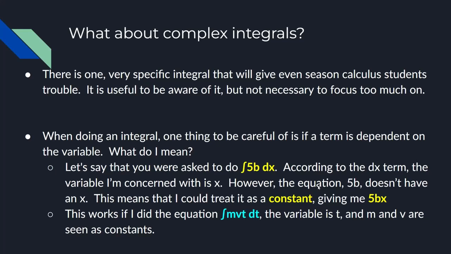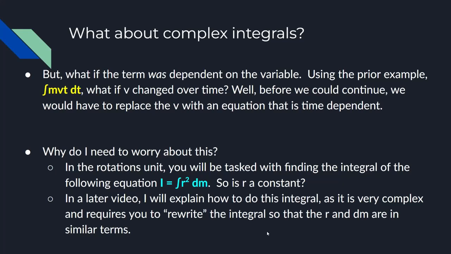Now, what if the b actually wasn't a constant? What if b was dependent on x, or there was a relationship between b and x that I had to understand, I had to find? Well, in those cases, you have to do some extra work. What you have to do is rework the equation so that the terms are in the proper variables.